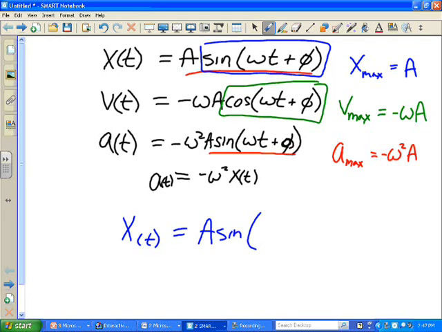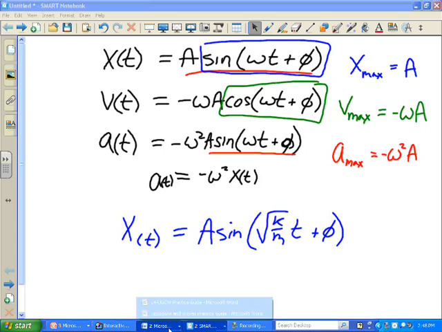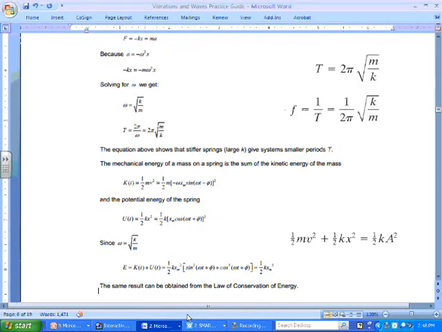Instead of omega, you've got the square root of k over m plus whatever phase shift. So that's where it comes in handy. And it can be substituted for omega also for any of these, and also for your acceleration equation, or your energy equation as well.